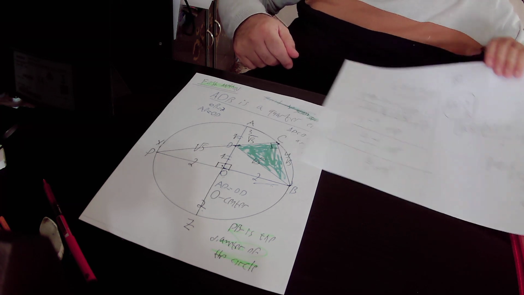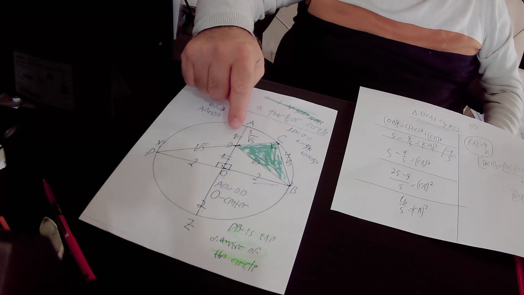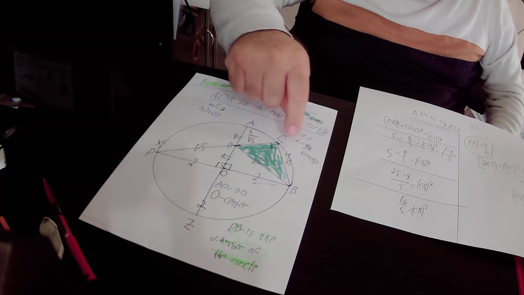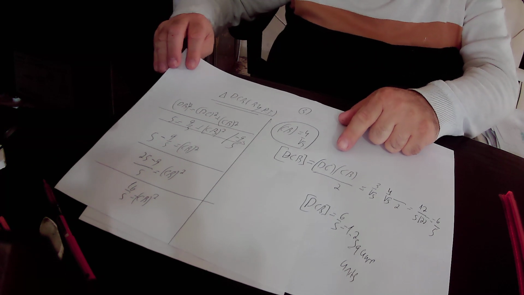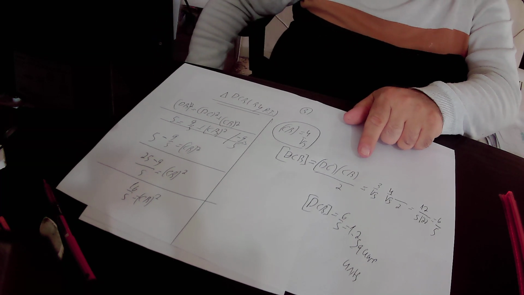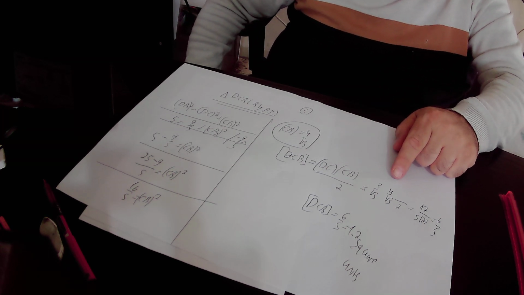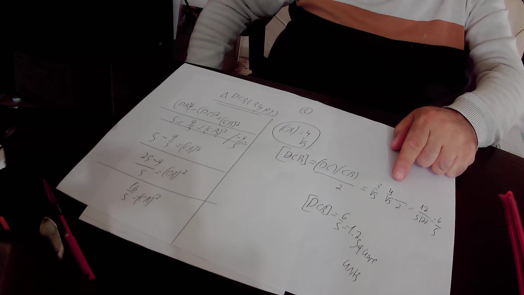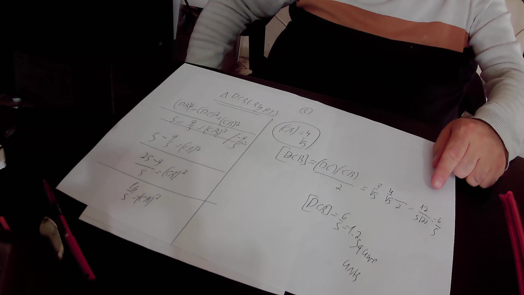Now it is very easy to find the area of the blue right triangle DCB. It will be equal to the base of the triangle, that is DC, times the height to the base, that is CB, over 2. DC is 3 over square root of 5 units, CB is 4 over square root of 5 units, all divided by 2. 3 times 4 is 12.